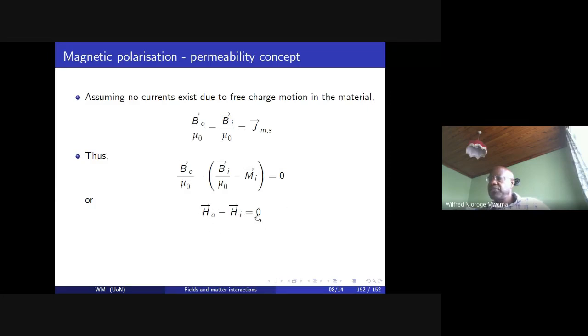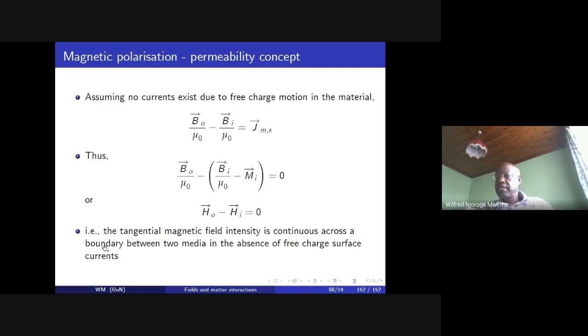That is the tangential component, so to speak. This means that the tangential component of the magnetic field intensity is continuous across a boundary between two media in the absence of free charge surface currents.